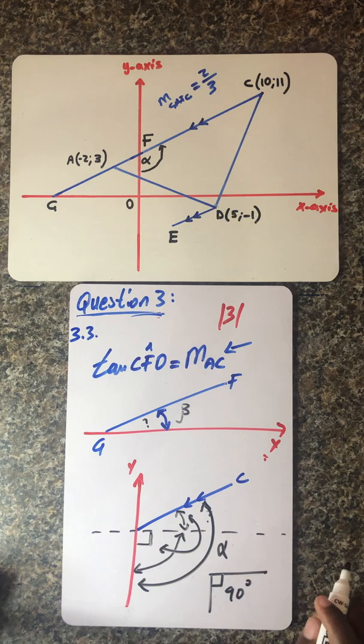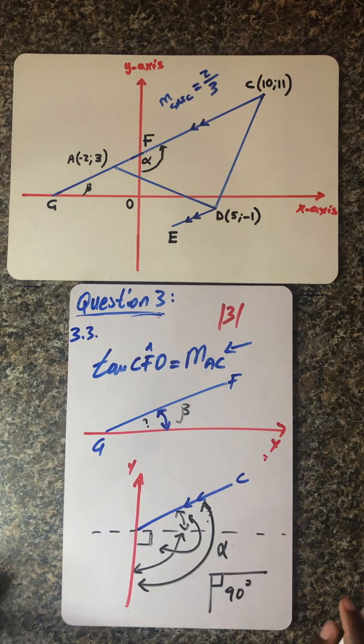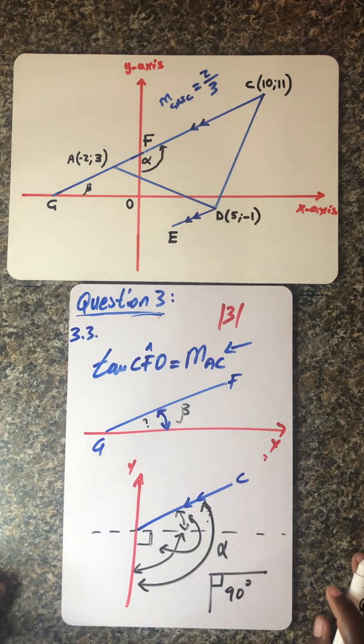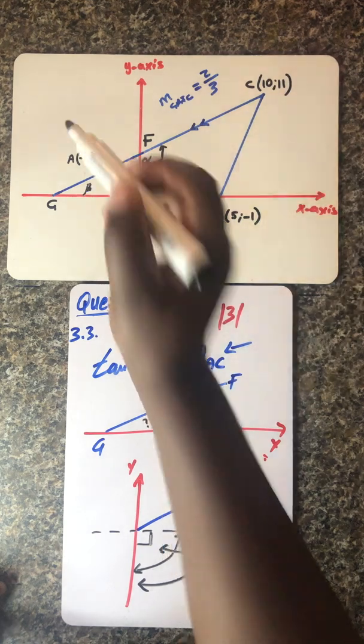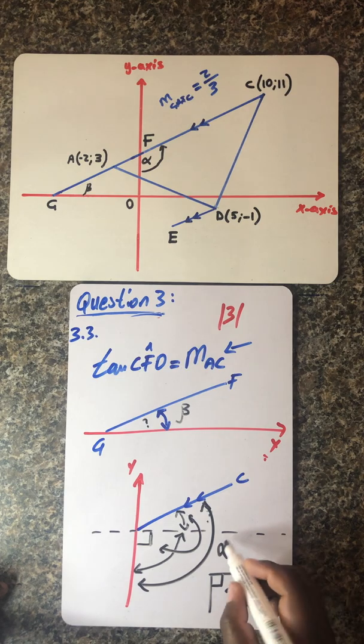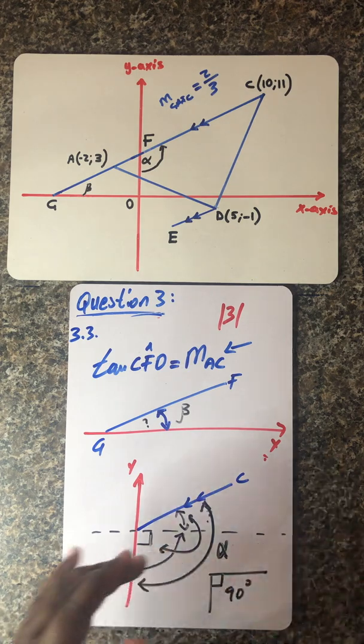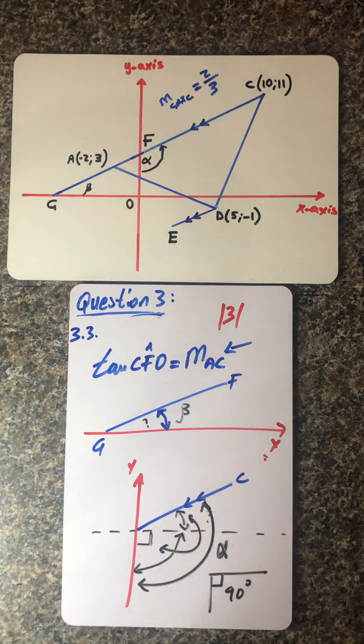That way, as soon as we've calculated angle beta, we are going to add it to 90 and get angle alpha. Ladies and gentlemen, I'm not really sure if I've confused you with that explanation, but I'm praying and hoping that as I continue with the calculation of these questions, you will have a better understanding of what I meant.